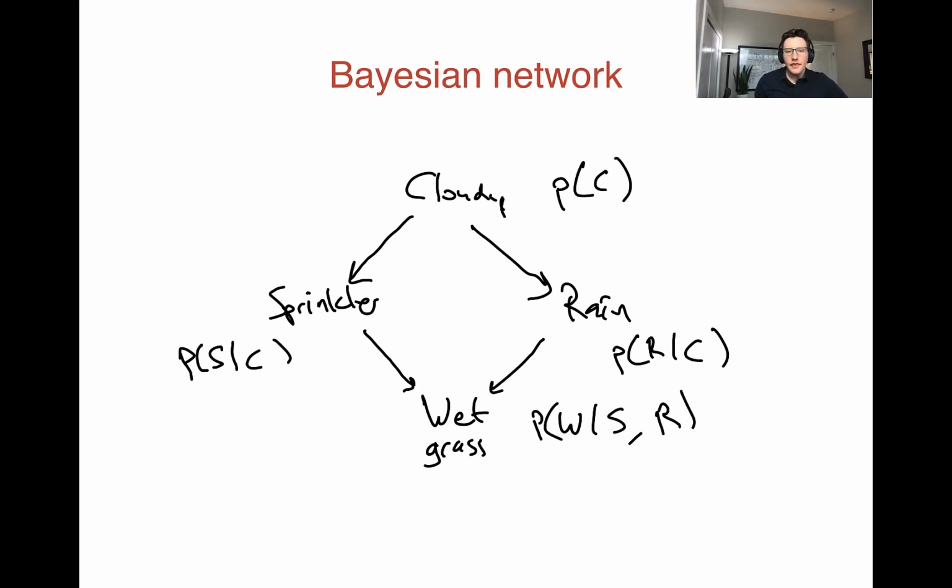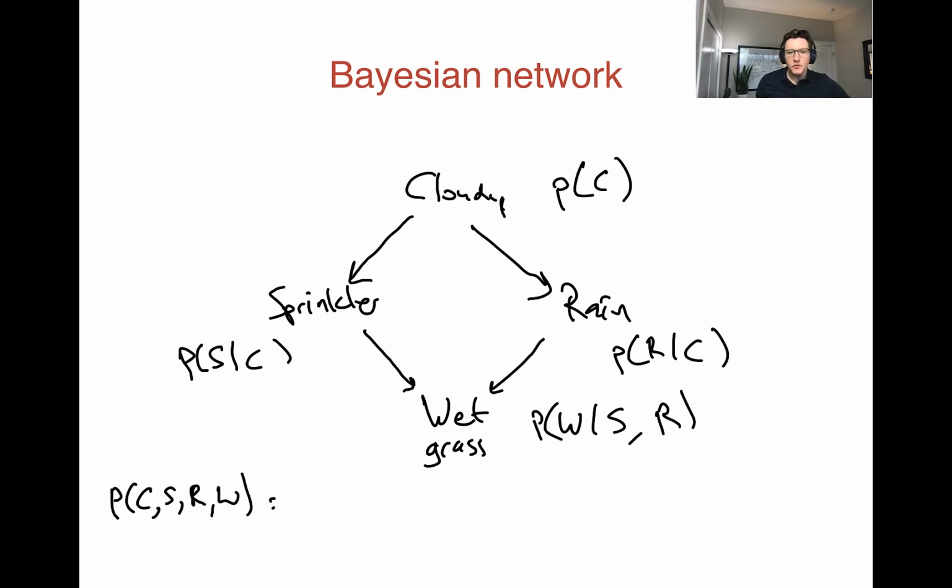So this is a Bayesian network form of defining a probabilistic distribution. This form is equivalent to giving a full joint distribution over our 4 variables. Here's how we can realize that. Probability over our 4 random variables, C, S, R, and W.